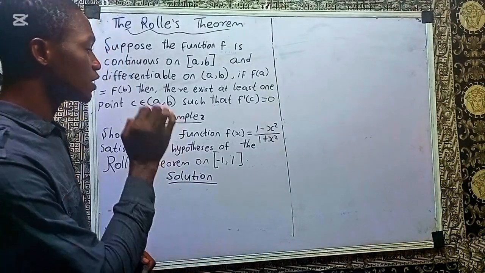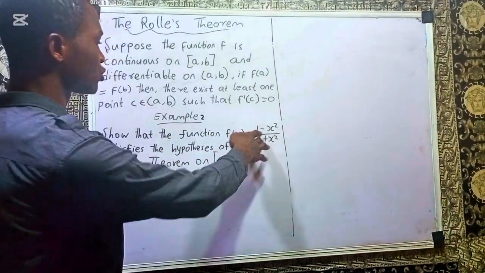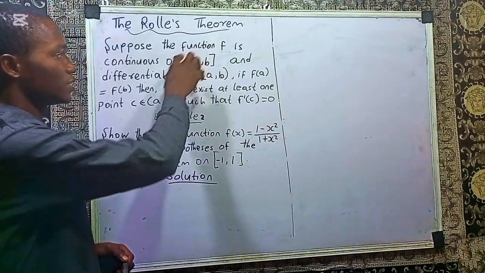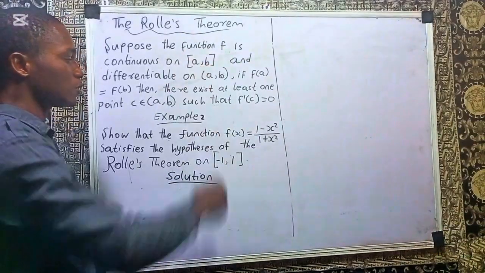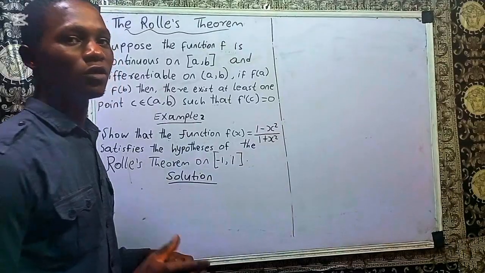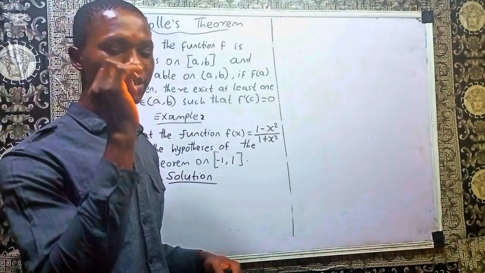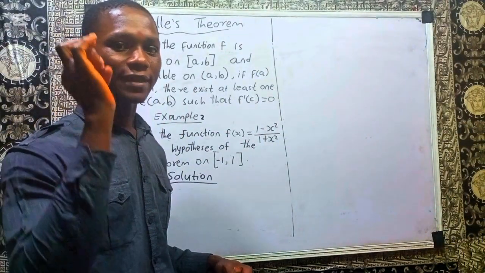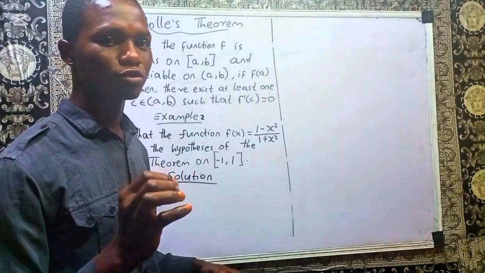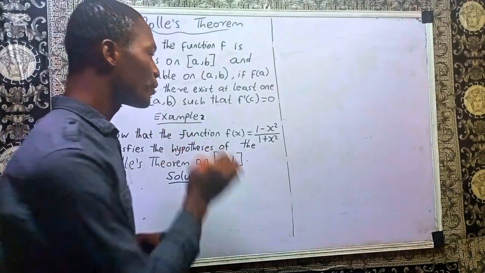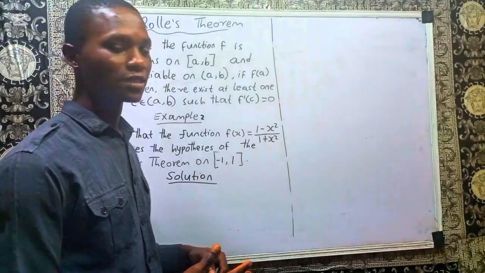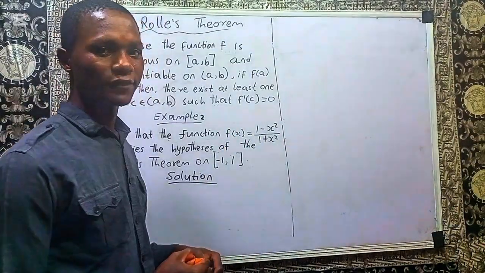Now, the first thing you have to check is whether this function is continuous on the given closed and bounded interval. That's the first criterion. The function must be continuous on the closed and bounded interval. So the question is, is this function continuous on the closed and bounded interval? The first thing you have to look at when a rational function, a function in fraction form, is given to you is whether the denominator of that function will be 0 on the given interval.